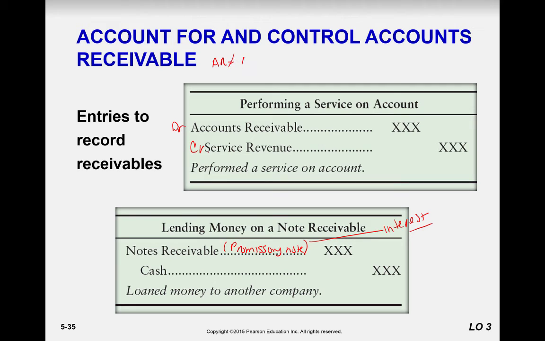But with notes receivable, since it is a more formal promissory note, interest is associated with it, more commonly paid either quarterly, semi-annually, or even monthly. So when you have notes receivable, and again, they're both receivables, we just debit it, and all you're doing is taking one asset and converting it into another. So this hits the asset equals liability plus owner's equity side. We're hitting this side of our accounting equation on the balance sheet.